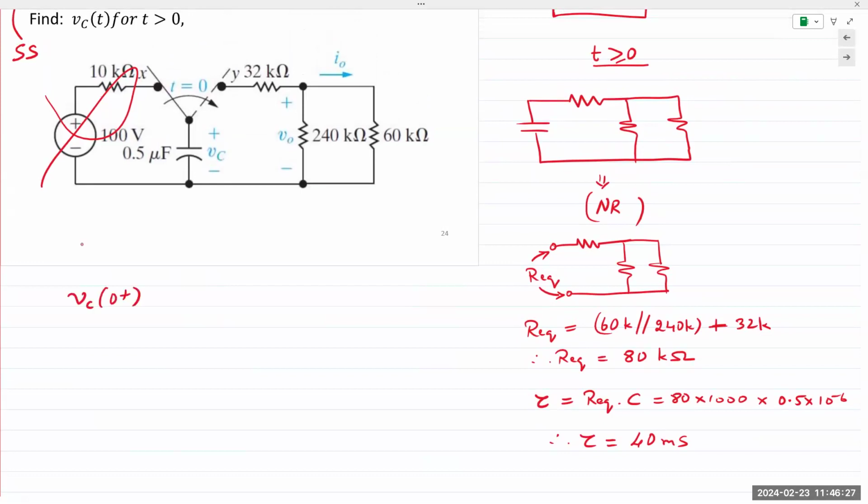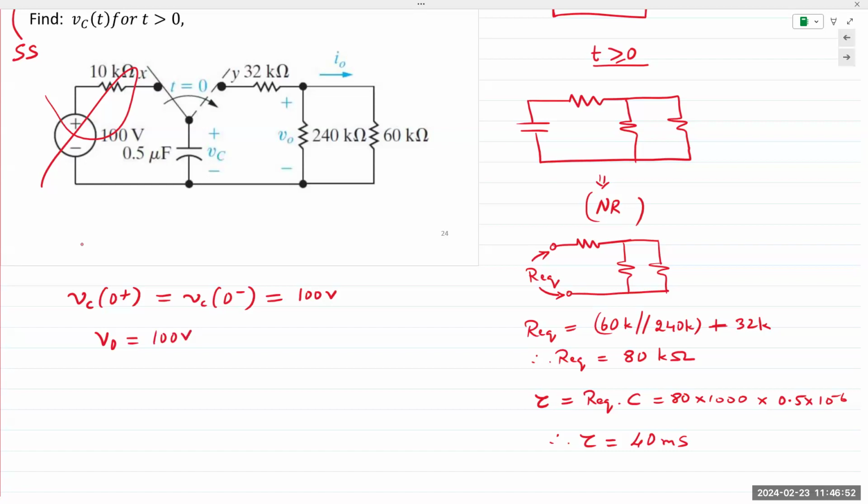Voltage across a capacitor cannot change instantaneously. So VC at 0 plus is the same as VC at 0 minus, which is the fully charged value of 100 volts. So my initial conditions imply that V0 equals 100 volts.